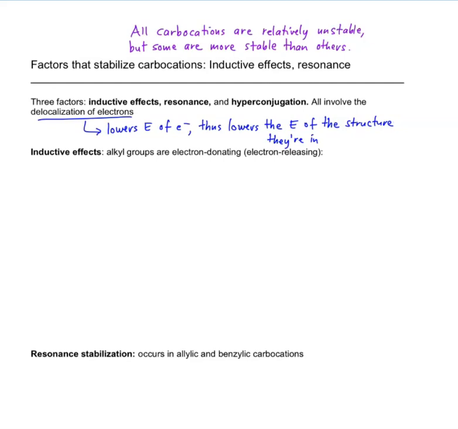Okay, so let's start with inductive effects. Now, the first thing we're going to do is draw a set of carbocations. And so let's get to doing that. So we'll have 4.